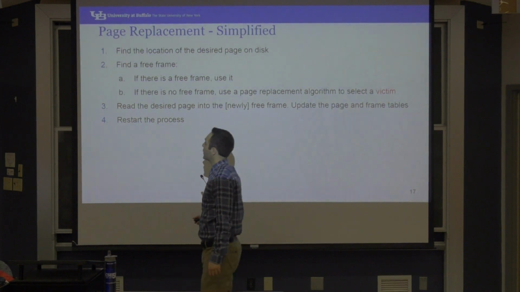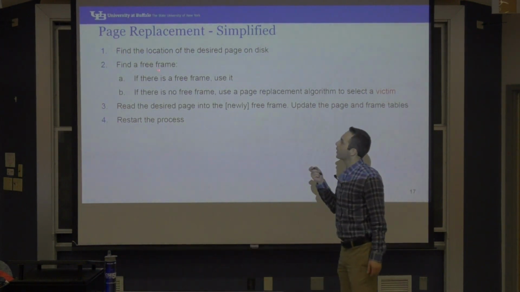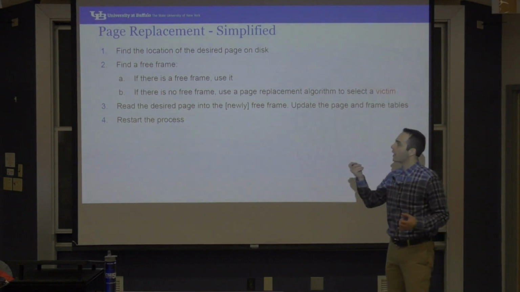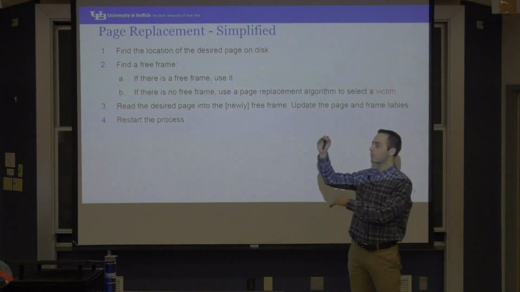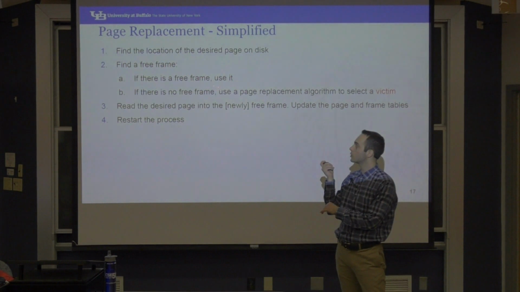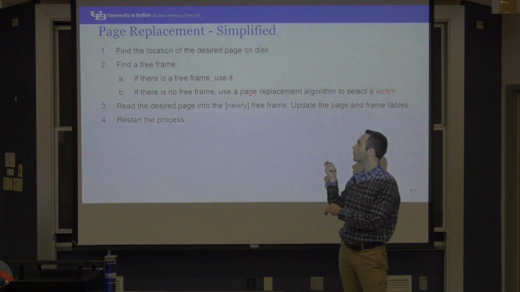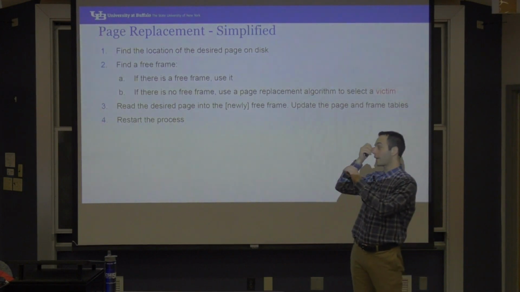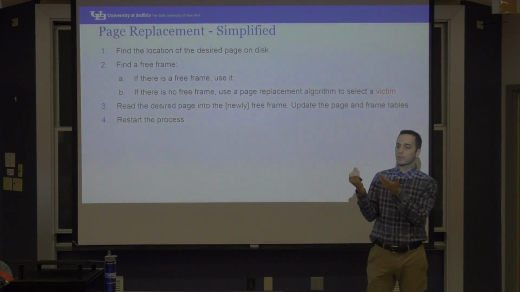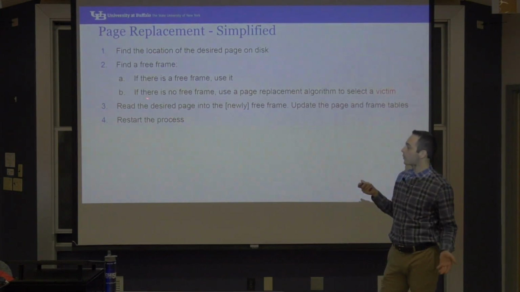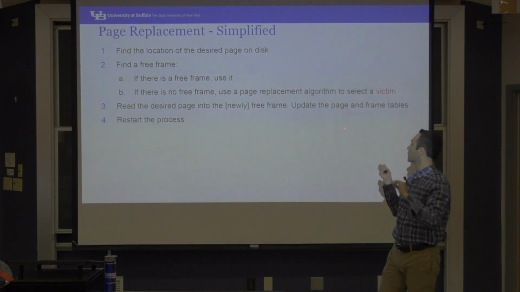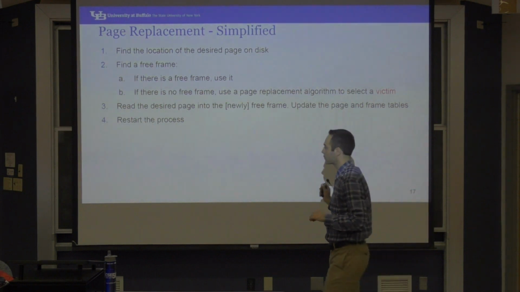So, simplified steps, one more time. Find the location of the desired page on the disk when you want to swap it in. Find a free frame. If you can find one in the physical memory, then you can use it. If not, you find a victim, one of the pages that you want to swap out, and make some free space. Then read the desired page into the new frame, and update the page table for the process.